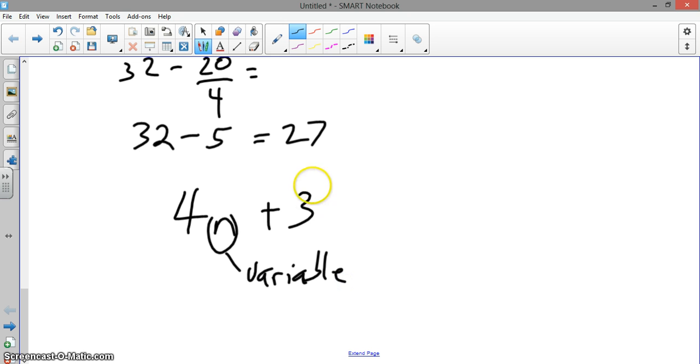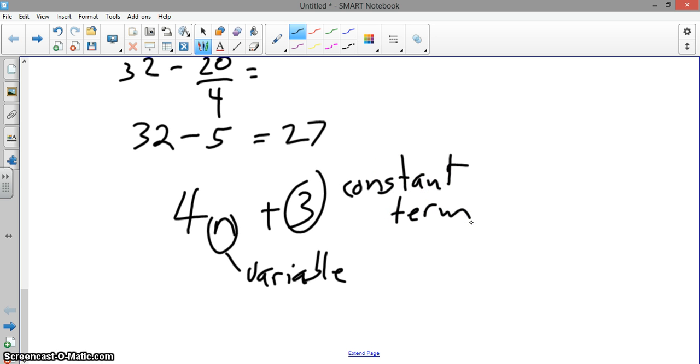You also need to know what this 3 is, and this is called a constant term. Now, the other thing you need to know is, what is this 4 right here? Well, that 4 is called a numerical coefficient.